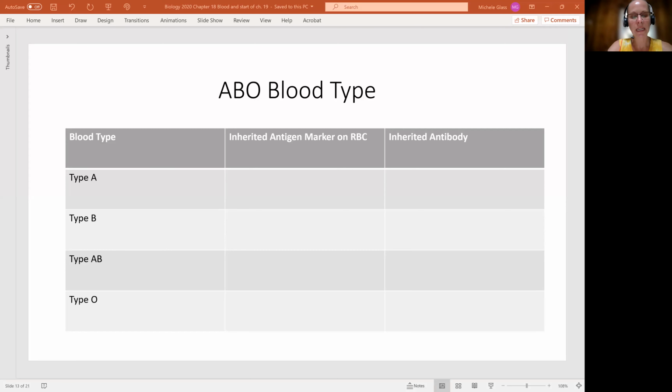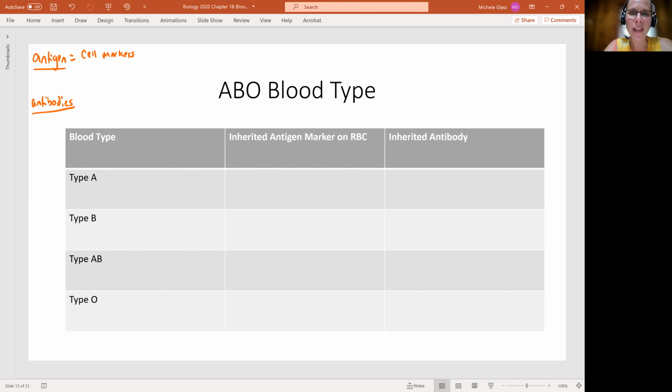Before we really get into the blood typing, I want to take a minute to define what is meant by antigen and then antibodies. And we're going to talk more about these terms or ideas as we get into the lymphatic system in particular. But when we think of an antigen, you should think about these as cell markers, meaning they're part of that cell membrane.